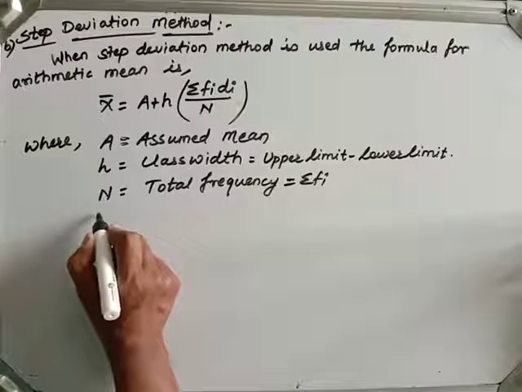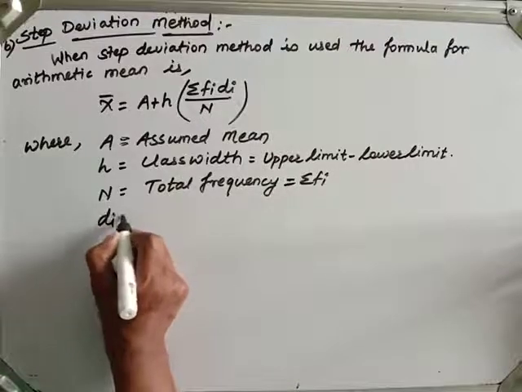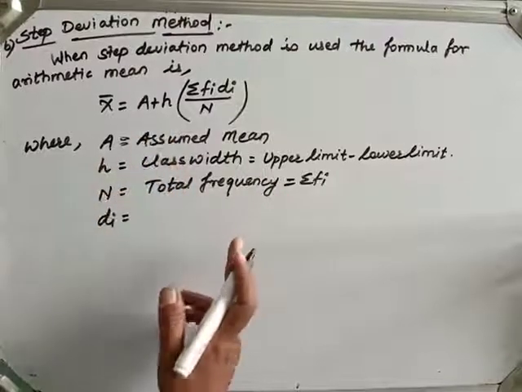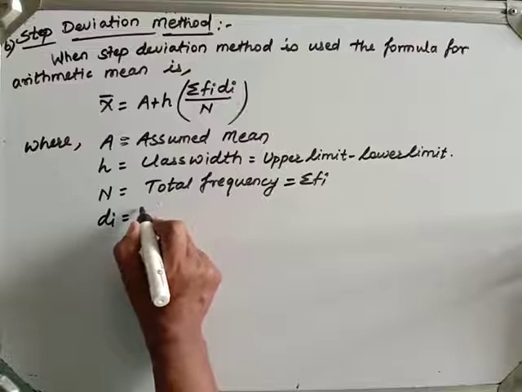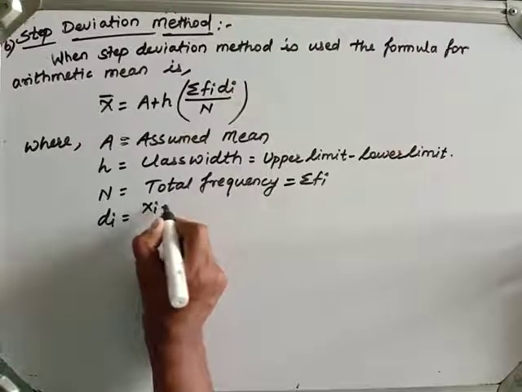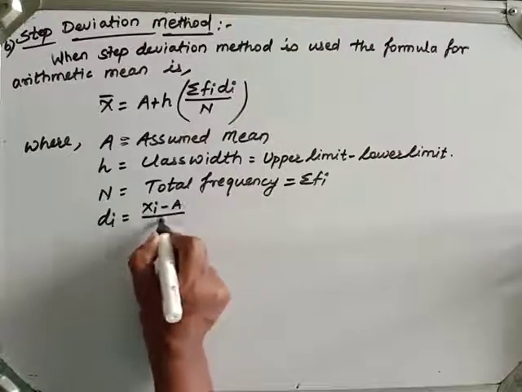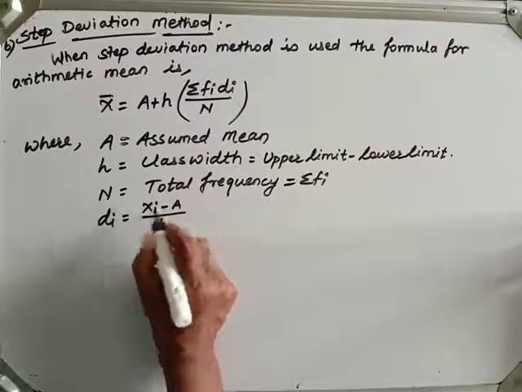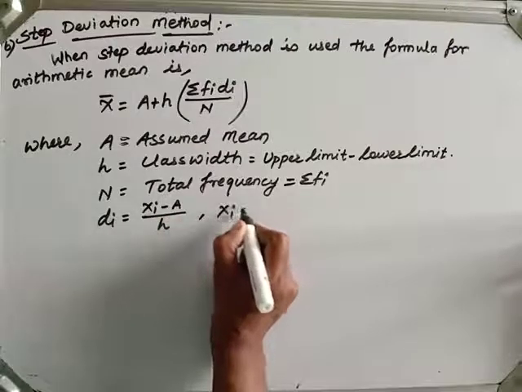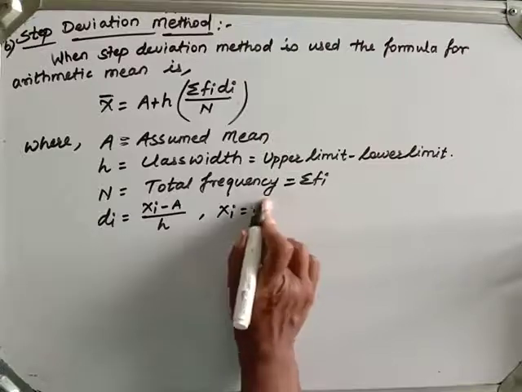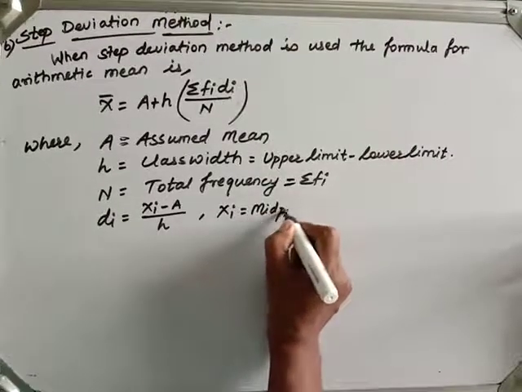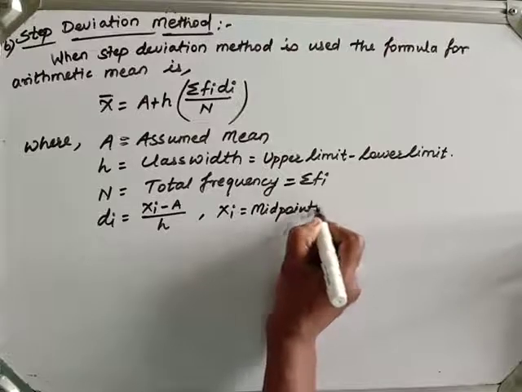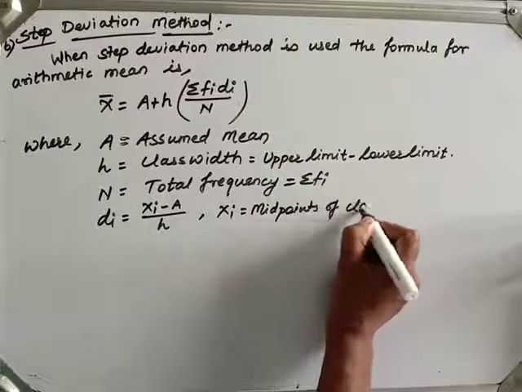Fine. Then what is di? This di is our deviation, and that is obtained by xi minus a upon h. You know here xi is the mid value, the midpoints of class interval.